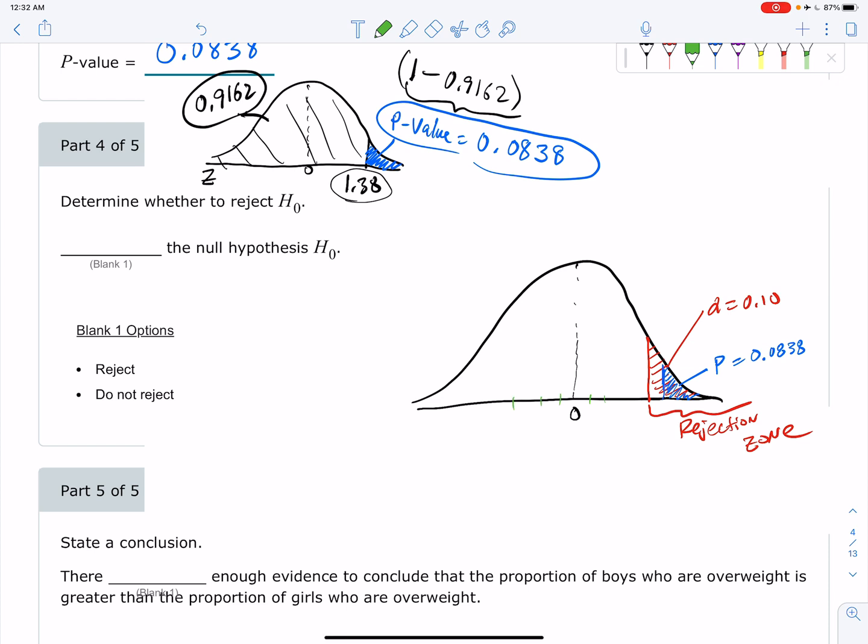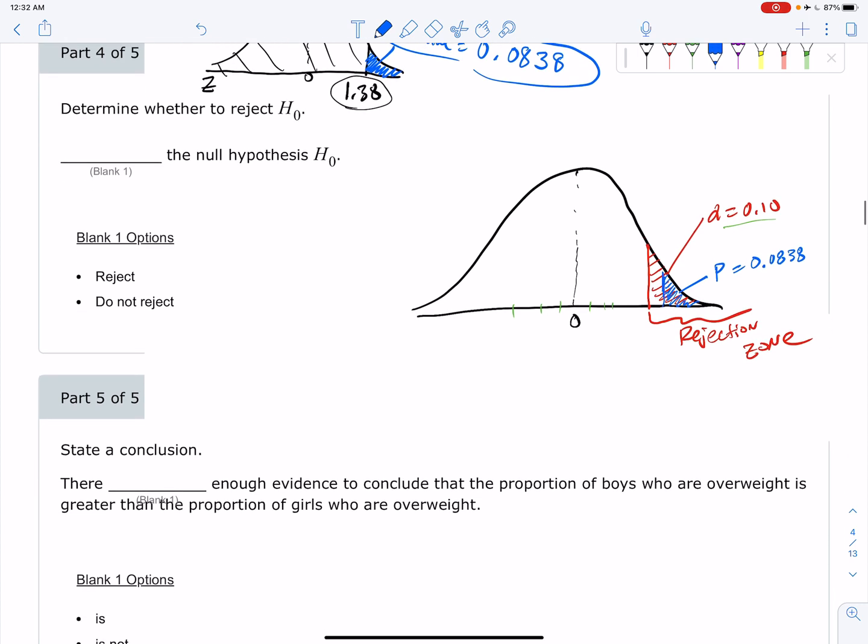But it turns out this is the level that we're not willing to call it by chance, this rejection area, which is determined by that alpha 0.10. So in other words, this p-value is less than the alpha.